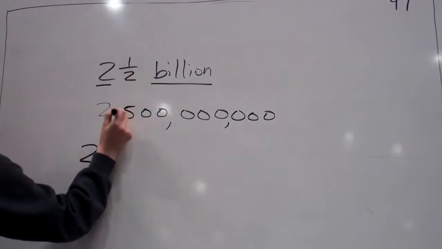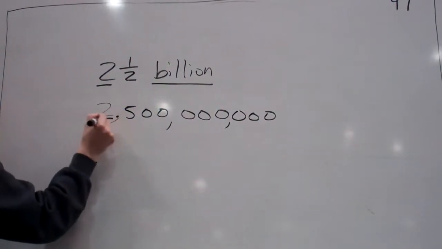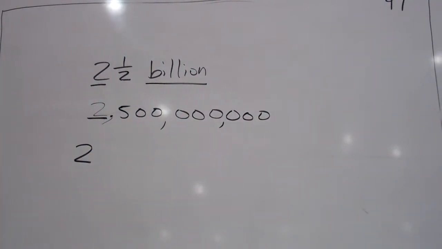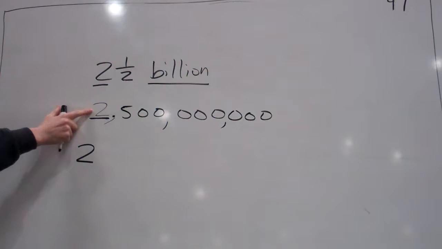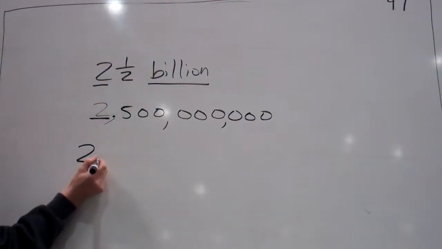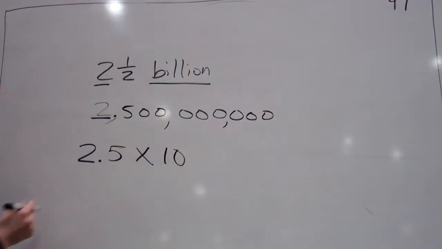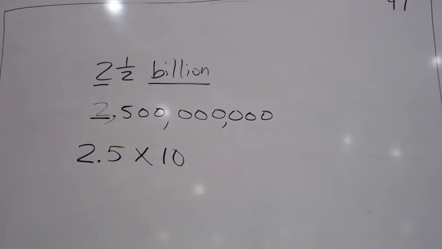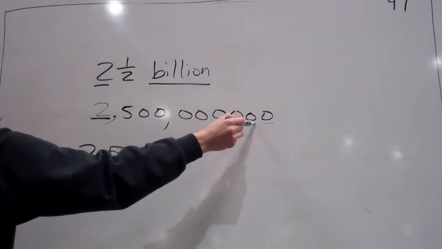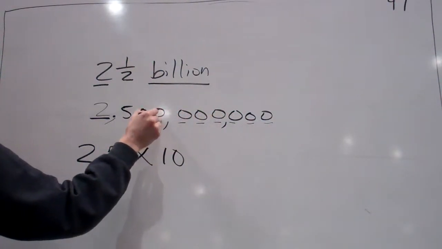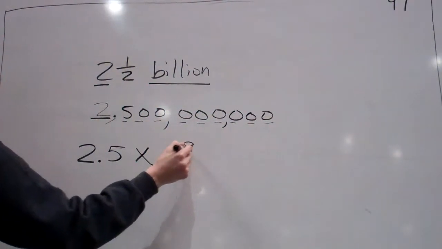2, you always put your decimal after the first non-zero number. So this is my first number, and it's not a 0. I always put my decimal after that. Okay? Now, times 10 to the, how many places did I go? 9.